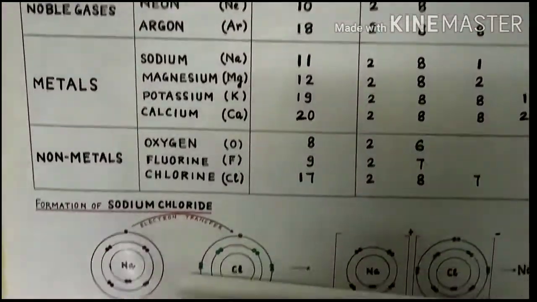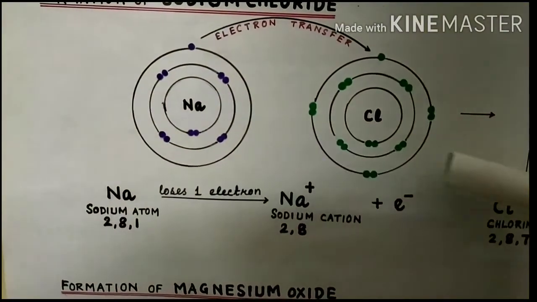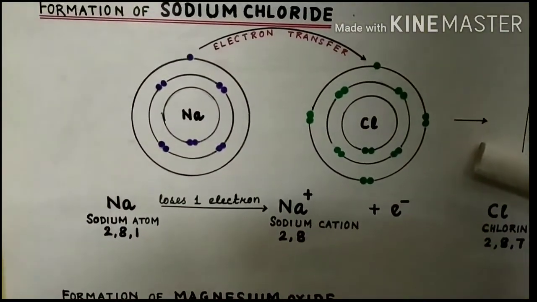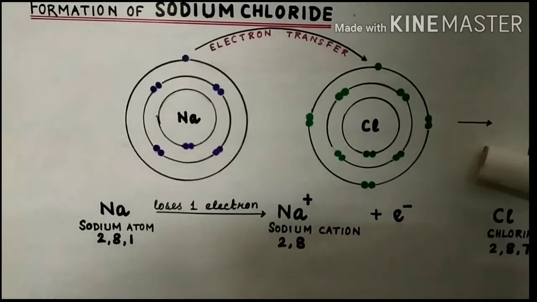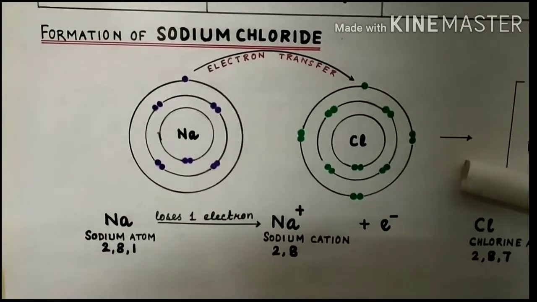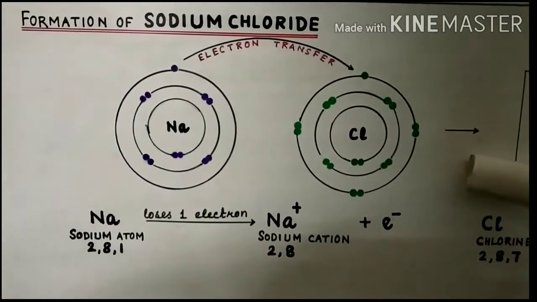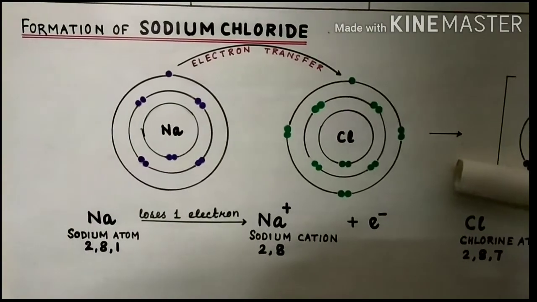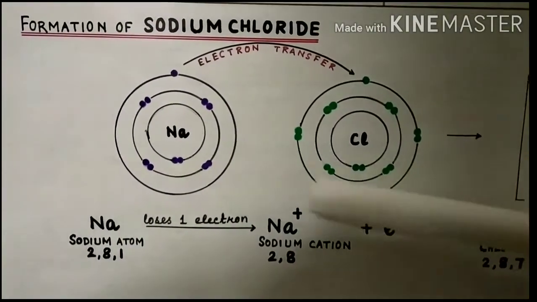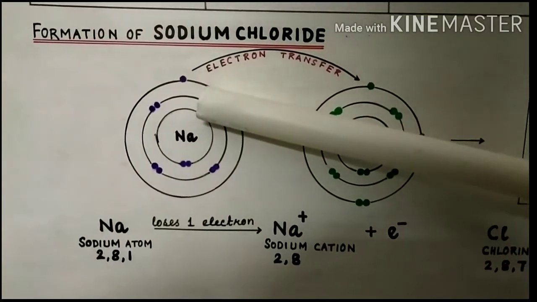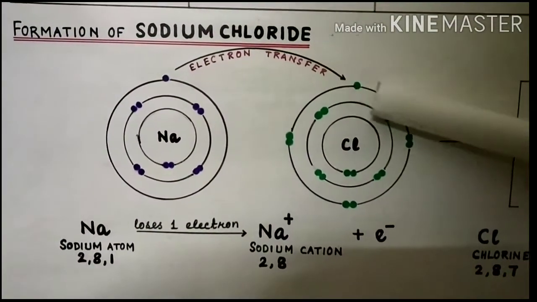See here the structure. It is the sodium atom, it is the chlorine atom. The electrons of sodium and chlorine are represented by different colors so that they can be easily differentiated. When they react, one electron from the sodium atom transfers to the chlorine atom.